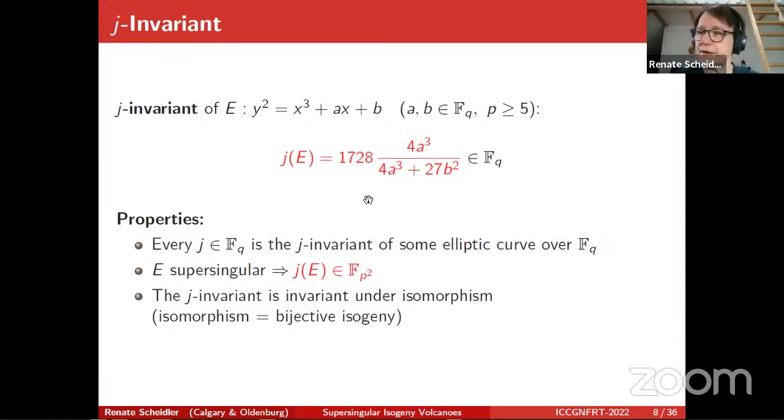And the most important thing, and the reason it's called an invariant, is that it's invariant under isomorphism. An isomorphism is just a bijective isogeny. So it's a group isomorphism, and j-invariants are the same under this. So if you have an isomorphism from one elliptic curve to another, the j-invariant stays the same. And that way you can characterize isomorphism classes of elliptic curves by their j-invariants. That's what we're going to do. So that's the j-invariant.